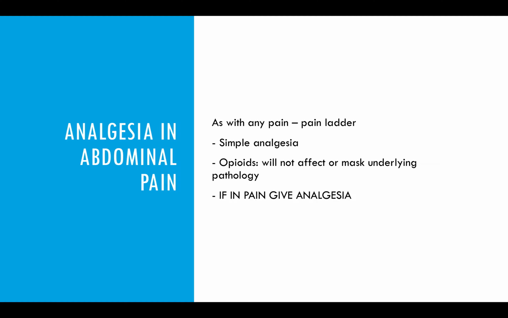Then either IV morphine or IV fentanyl is absolutely fine in an adult. If you are working in a service that has either option, they're both fine. The important thing as well is reassessing. Is the analgesia doing anything for their pain? Is it actually making it any better, or is it not really helping at all?